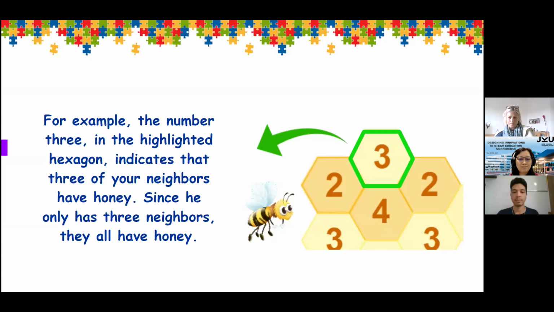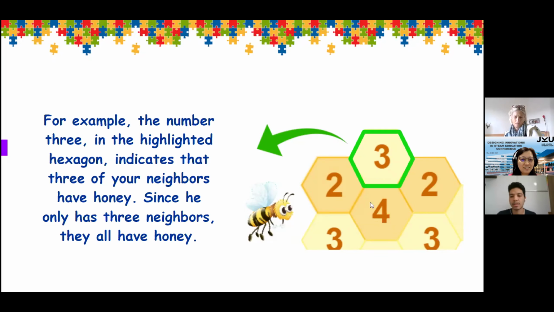For example, the number 3 in the highlighted hexagons indicates that 3 of your neighbors have honey. Since it only has 3 neighbors, they all have honey. For example, the number 2 has 3 neighbors, but because the number is 2, 2 of the 3 neighbors have honey.